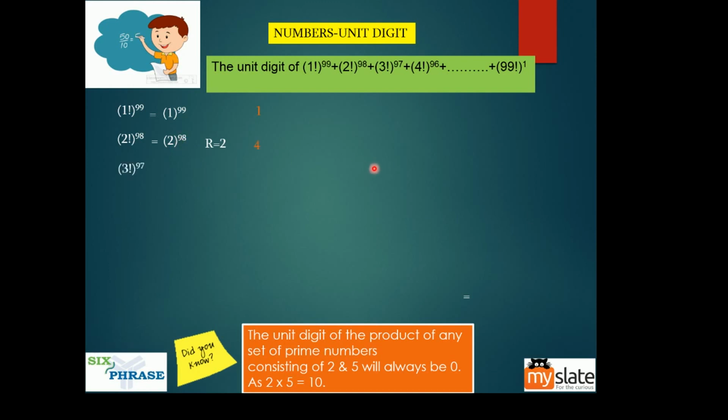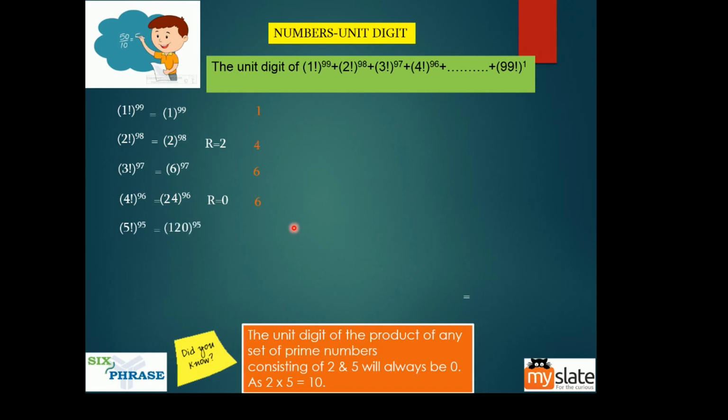You know that, right? For 3 factorial, it is 6 power 97. So 6 power anything is always 6. For 4 factorial, you get 24 power 96. So you are interested in only 4 power 96. 4 to the power of an even number will give you 6 as the unit digit. 5 factorial, which is 120 to the power 95.